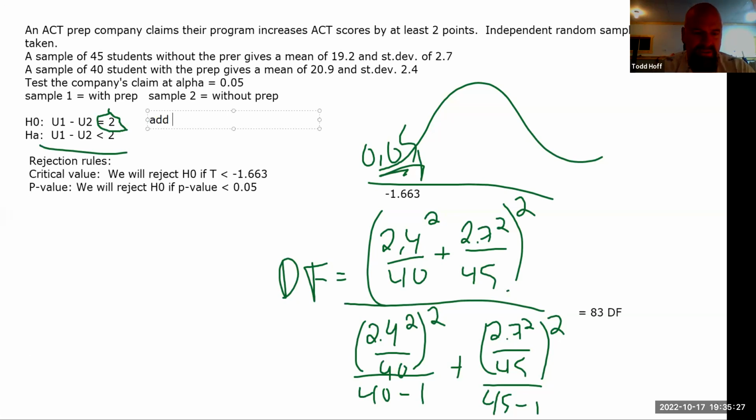We have to add 2 to the second sample mean. So instead of 19.2, it'll become 21.2. That makes up for that 2-point difference. So now mu1 minus mu2 would equal 0 instead of 2. So let's go back to the calculator and make that change.